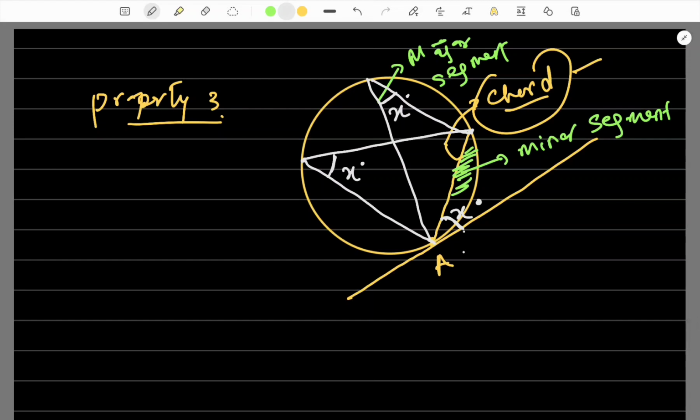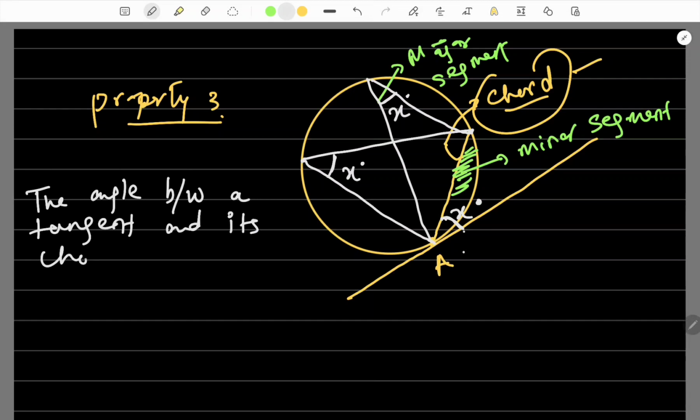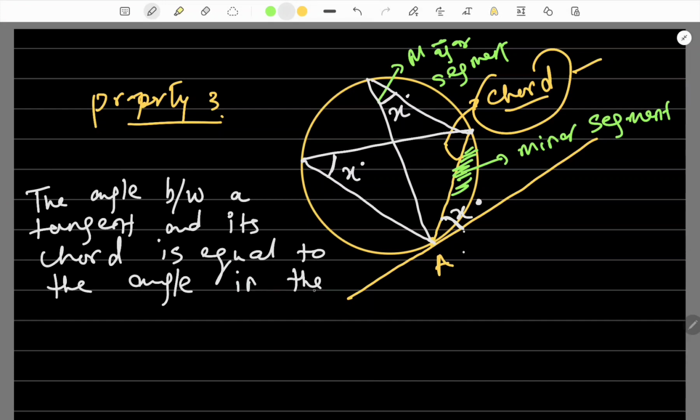Chalo, if you want to write this down, you can write this down. The angle between a tangent, very important, and its chord, right, beta, is equal to the angle in the alternate segment or in the opposite segment.